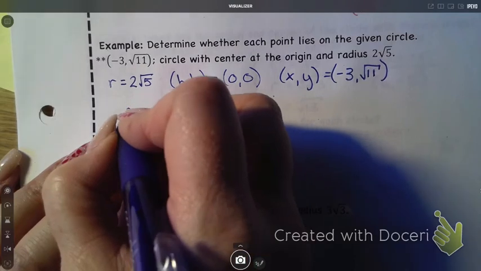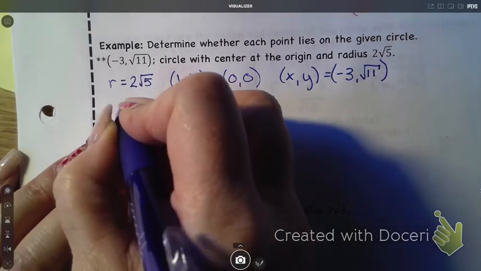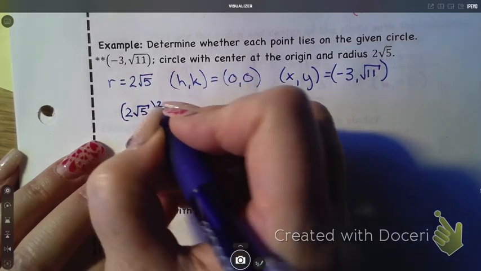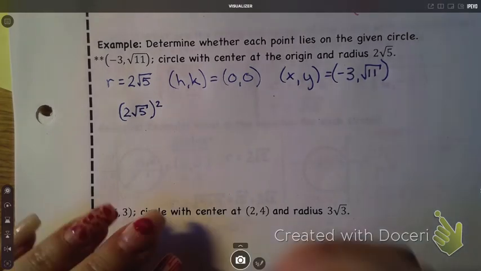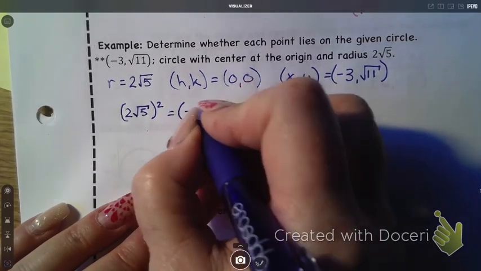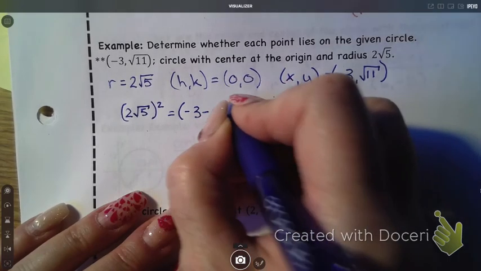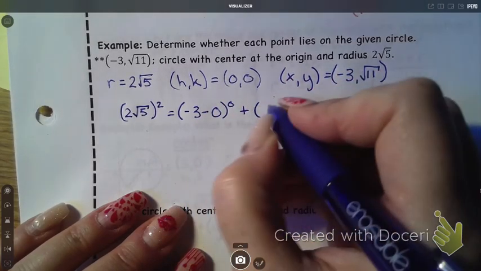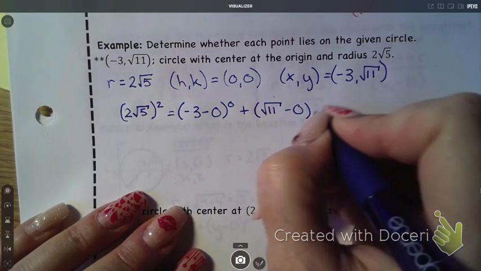2 square root of 5 squared. Okay, the whole thing squared. Make sure you put parentheses, because if you don't put parentheses, you're only squaring the square root of 5. And we're squaring everything, right? Equals negative 3 minus 0 squared plus square root of 11 minus 0 squared.